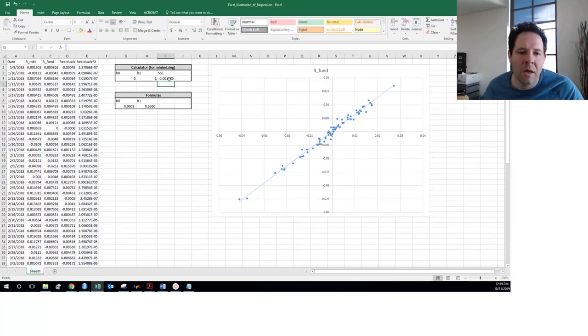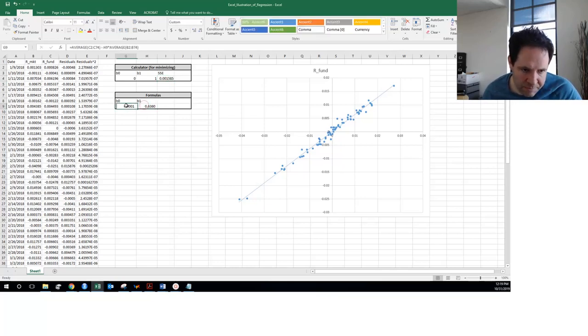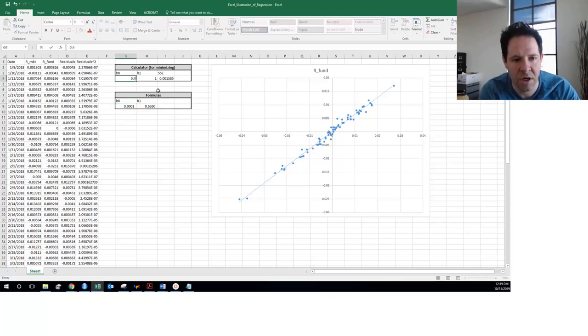What I argued at the outset was that the regression with these formulas minimizes the sum of squared residuals. One thing I could point out is you can change the intercept, and that gives you a different SSE. If you change the slope, that gives you a different SSE, and so on.